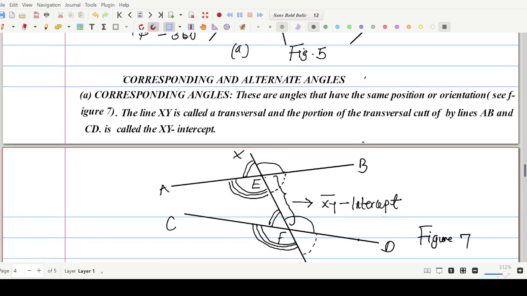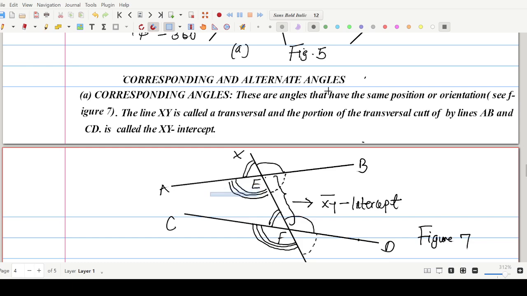All right. Now, if you observe this figure, you see that angle AEX that is marked by two signs. Look at it here. AEX is having the same position with this angle here. Can you not see that? So because of that reason, we say that angle AEX and angle CFE are corresponding angles. Also, look at this angle here, angle AEF.